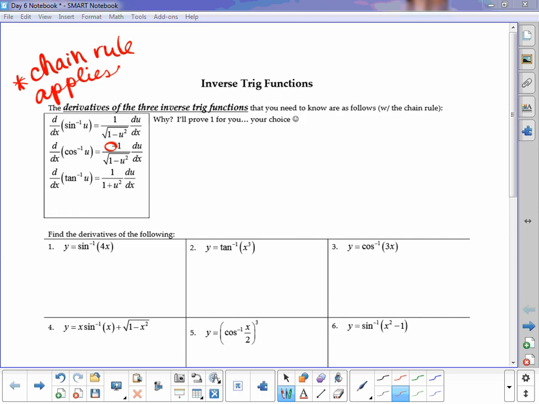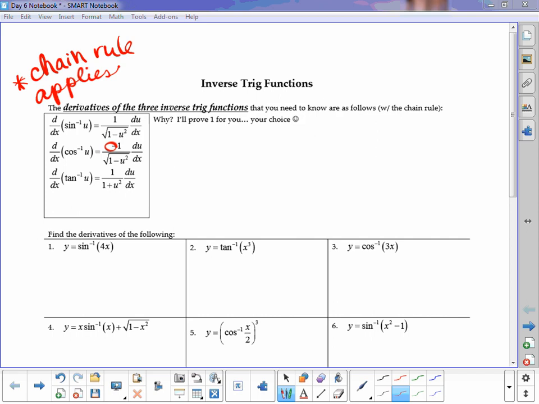Now, these are 3 derivatives that you do want to commit to memory, just like you needed to commit to memory that the derivative of natural log of x is 1 over x, and the derivative of tangent is secant squared, and the derivative of cotangent is negative cosecant squared. Okay, so these 3 you do need to commit to memory, but if you happen to forget them, you can quickly derive it off to the side. So I will do one for you.